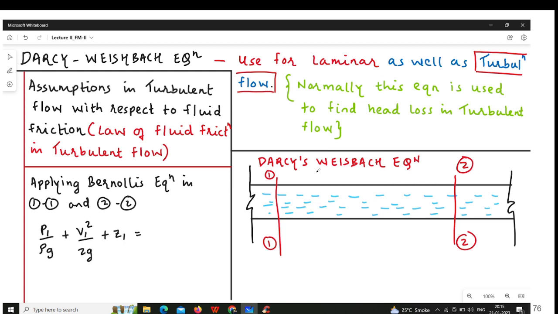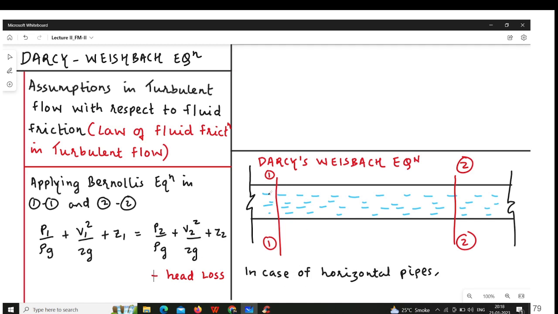So total energy at section 1, total energy is pressure energy plus velocity energy, which is also termed as kinetic energy or kinetic head, plus datum head or datum energy, is equal to total energy at section 2 plus head loss. Now you see we have assumed that we have drawn horizontal pipe.